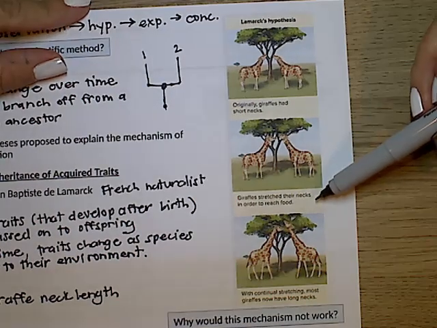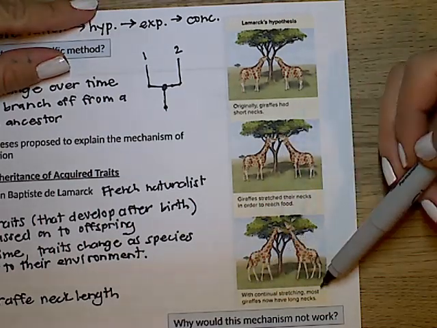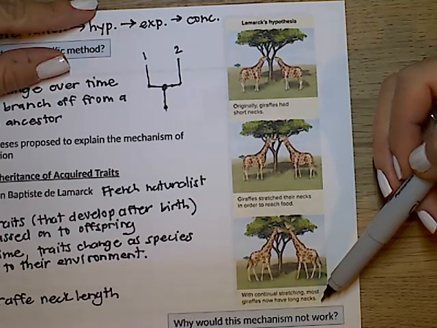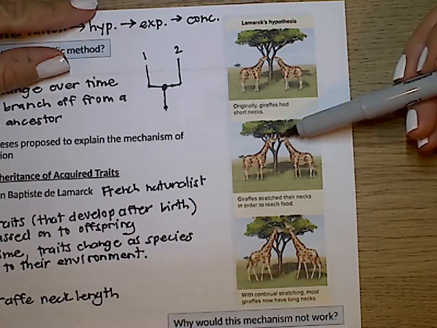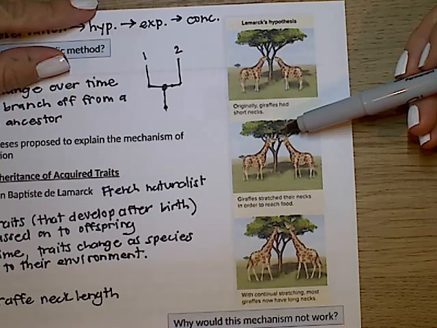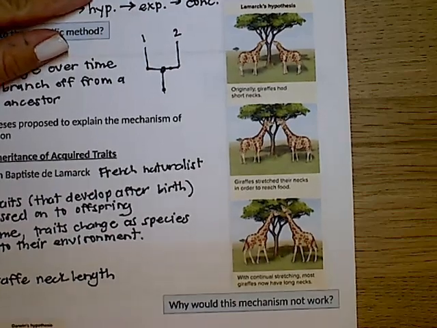But giraffes stretch their necks in order to reach food so they can eat, and with continual stretching, most giraffes now have long necks. So they would stretch their neck, it would get longer, and then when they had babies, the babies would have longer necks too. And now we're like, oh my goodness, that doesn't make any sense at all.